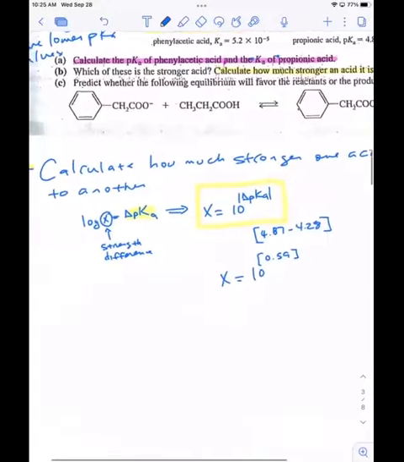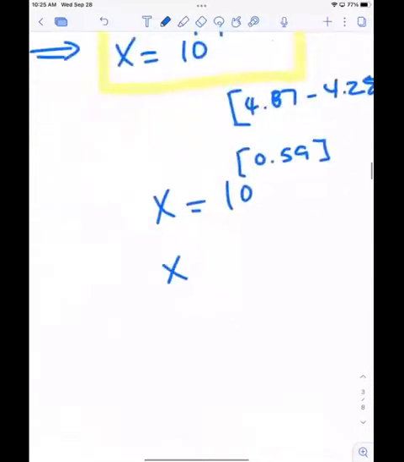Can somebody calculate that? 10 raised to the 0.59 power. Should be a pretty small number. 3.89.